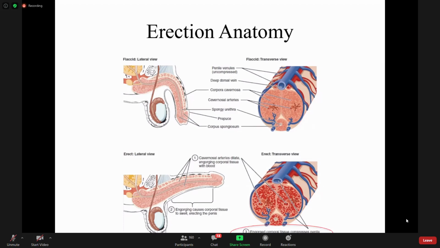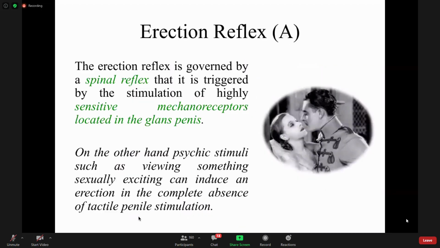So the vascular spaces are so filled up now with blood that the veins are being compressed, eventually leading to an increase of pressure in these vascular spaces, engorging the penile tissue, altering its color, and also inhibiting venous return because of the compression of the veins.